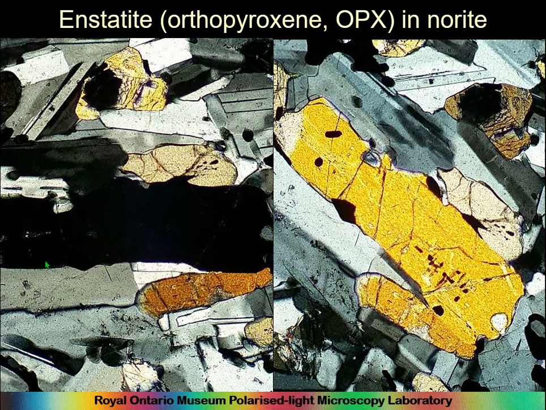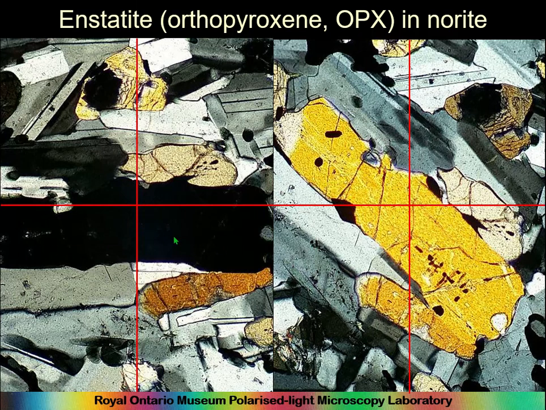It could be twinning, it could be cleavages, it could be all sorts of things. And if it's parallel to the crosshairs, here's the crosshairs, then when it goes extinct, it has parallel extinction. If this was a clinopyroxene, it would be extinct here and not here, you see. So that's one of the differences between orthopyroxenes and clinopyroxenes.